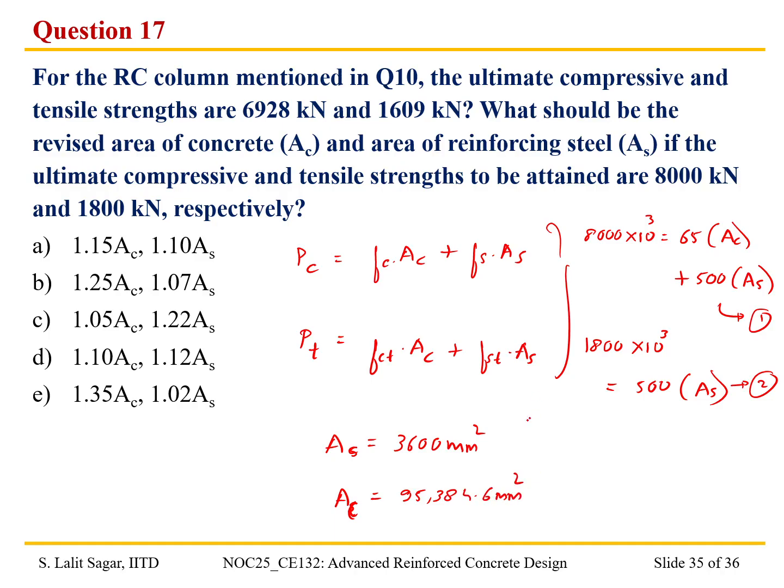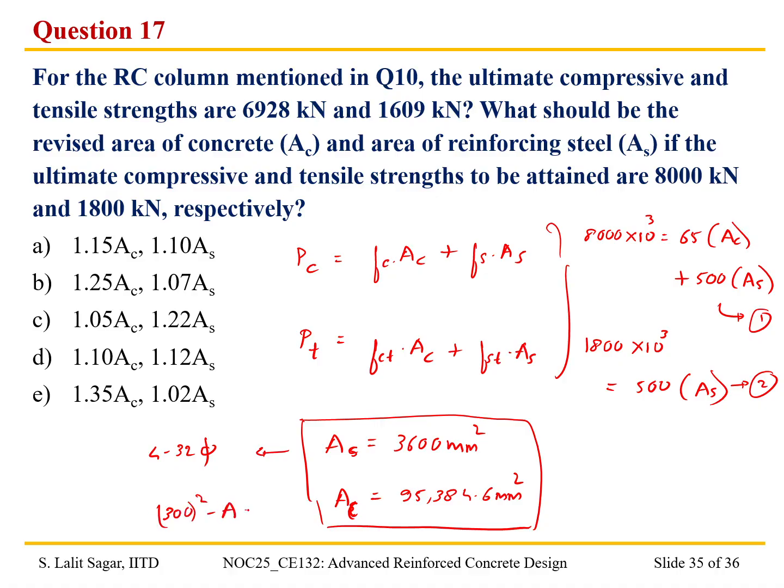Now we are going to compare this with the existing AS and AC values, that is AS is 4 of 32 mm diameter and AC is 300 square minus AS.